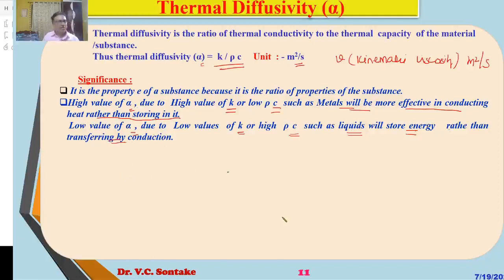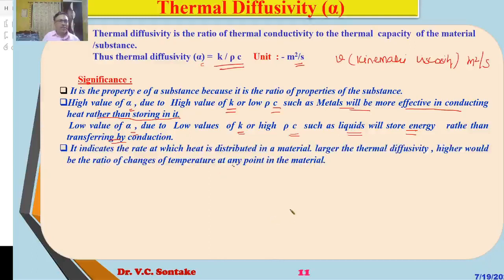Something very interesting is the interpretation of thermal diffusivity. It indicates the rate at which heat is distributed in a material. The larger the thermal diffusivity, the higher would be the rate of change of temperature at any point in the material.